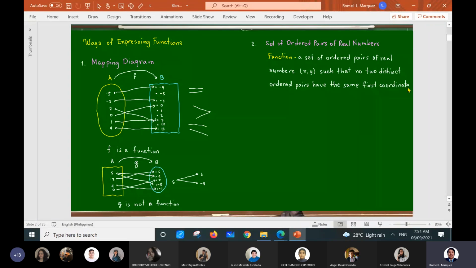Okay, guys? So meaning for any two given distinct ordered pairs in the set, the value of x should not be what? Repeated.